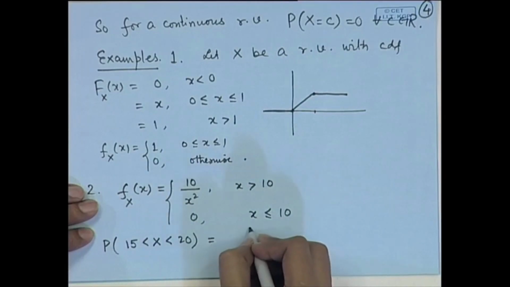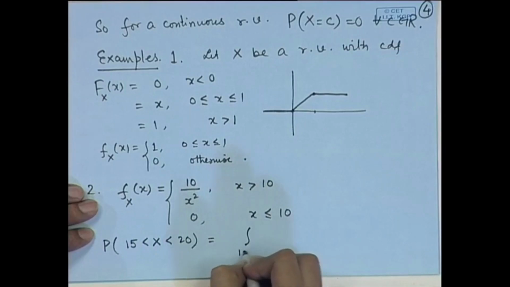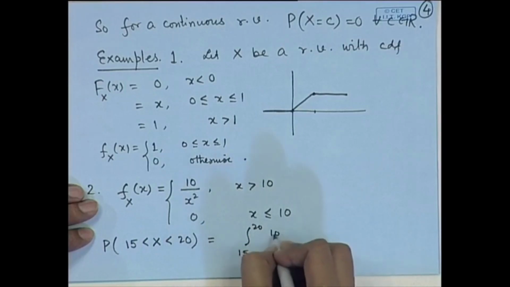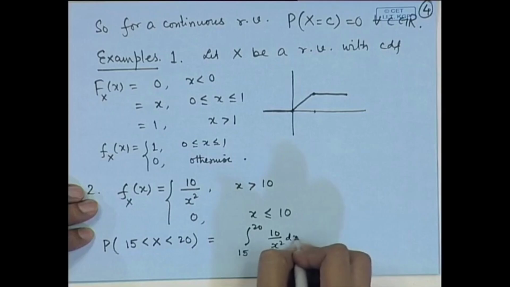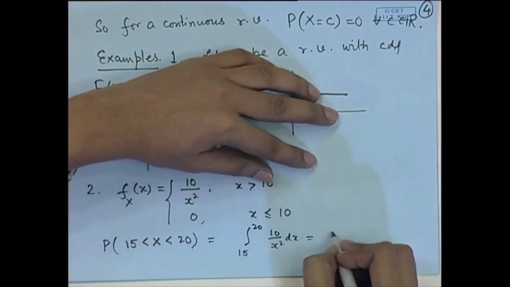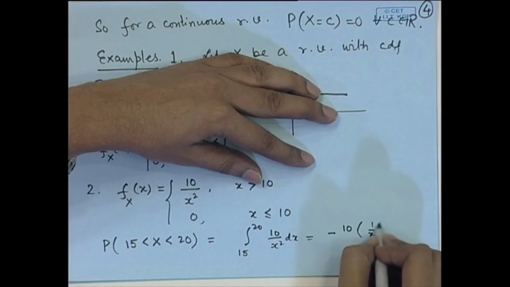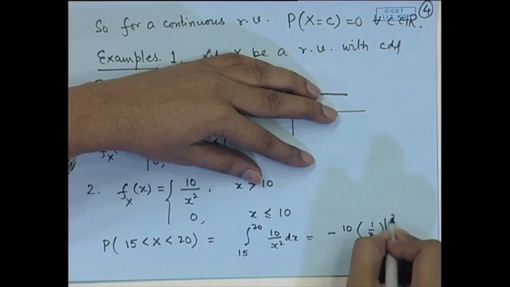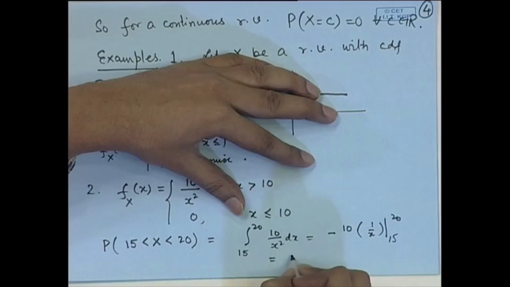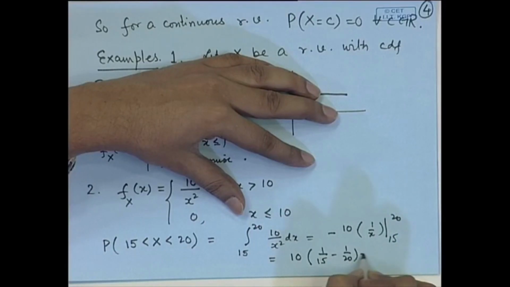Then it will be equal to the integral from 15 to 20 of 10 by x square dx, that is equal to minus 10 times 1 by x from 15 to 20, that is equal to 10 times (1 by 15 minus 1 by 20). So, 2 by 3 minus half, that is equal to 1 by 6.